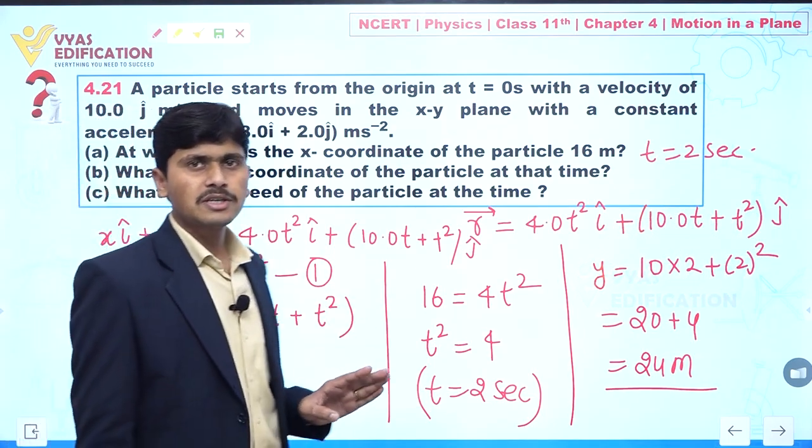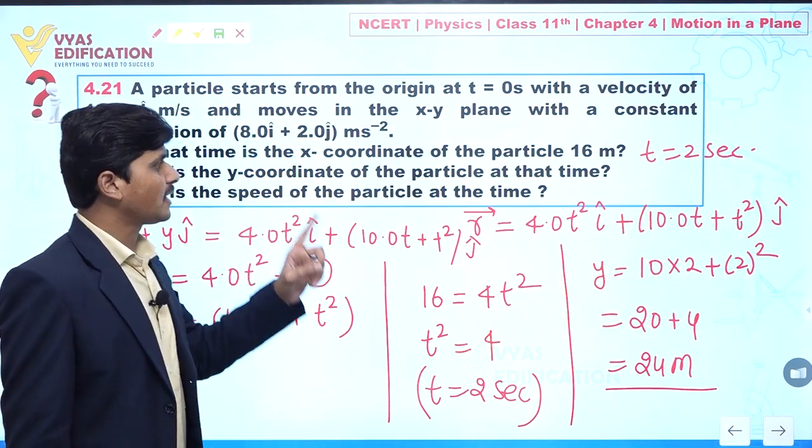Now the next objective is to find the speed of the particle at that time.